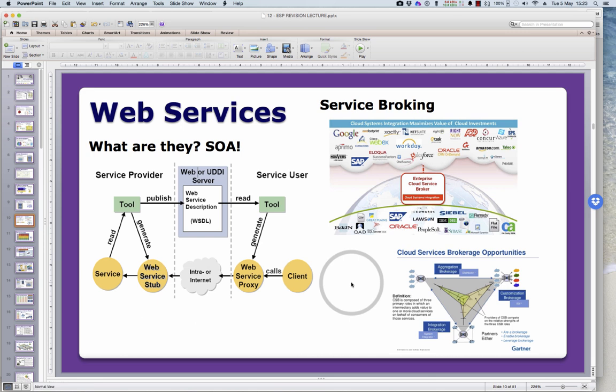You could be running your whole ERP system in the cloud if you wanted to. Certainly very possible. What's happening now is that you have enterprise cloud service brokers, and these service brokers are aggregators. Effectively, they allow your company to make use of web services through an aggregated interface.